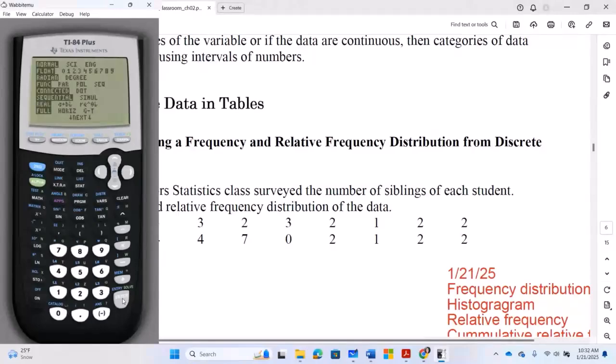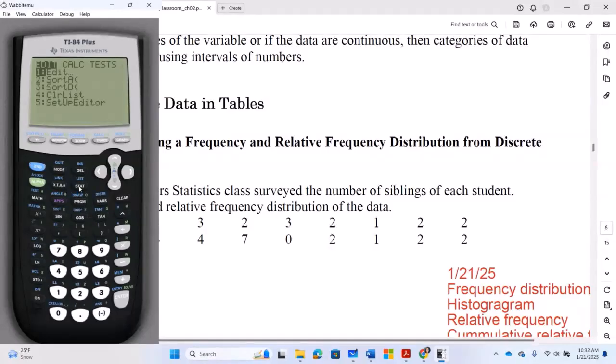Okay, so now I will second quit. Remember, I am told to calculate the mean or decide whether the data is skewed. So I want to calculate the one variable stat so that I can find the mean and the median, and see which one is greater. I can make a decision from there.